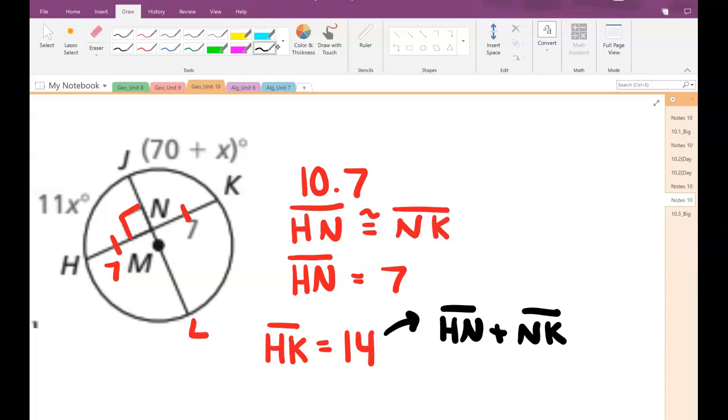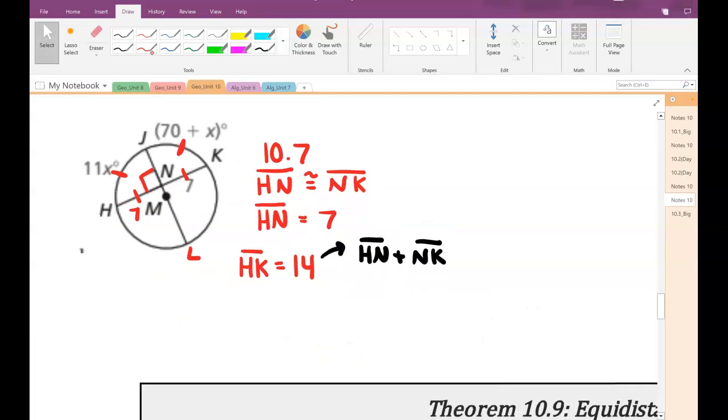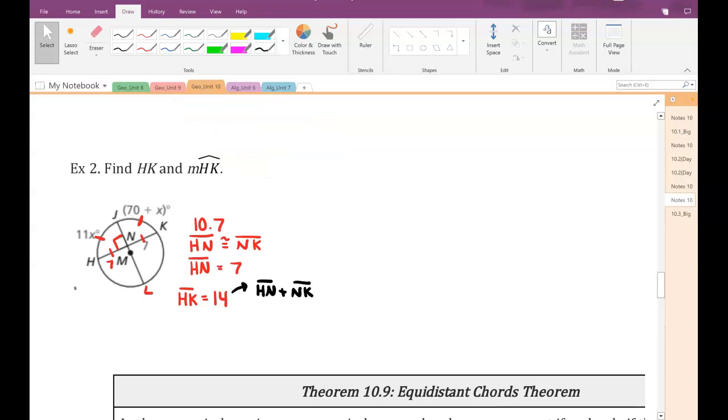And then with our measurements, we could say, okay, if these two chords are congruent, then their two outside minor arc measurements are congruent as well. So we could say this guy is congruent to that guy. So I'm going to write off to the side: the measure of arc JH is congruent to the measure of JK.